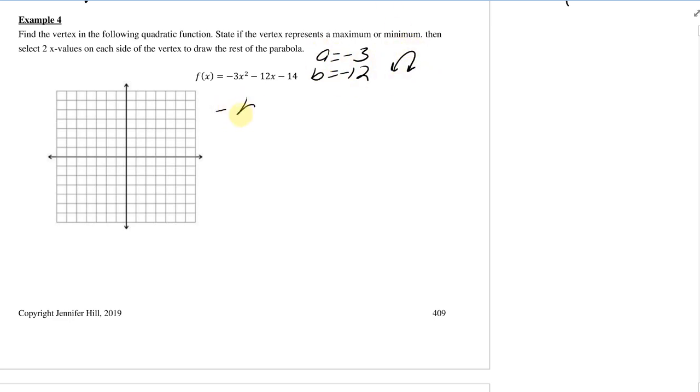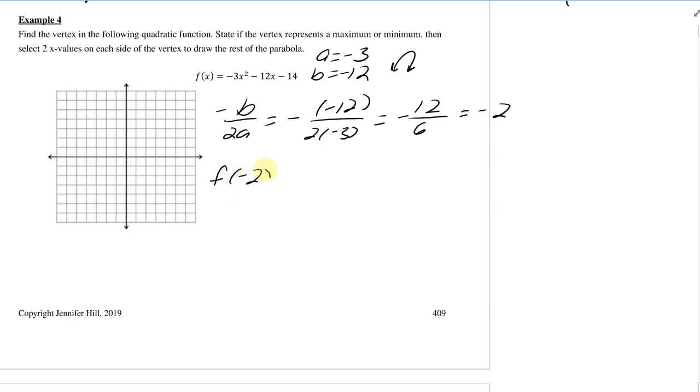Now if I take -B over 2A and plug all of this in, this becomes -12 over 2 times -3. So this becomes -12 over 6, and this will equal -2. Just be careful with all those negatives in there. Now I have to figure out what is f of -2.